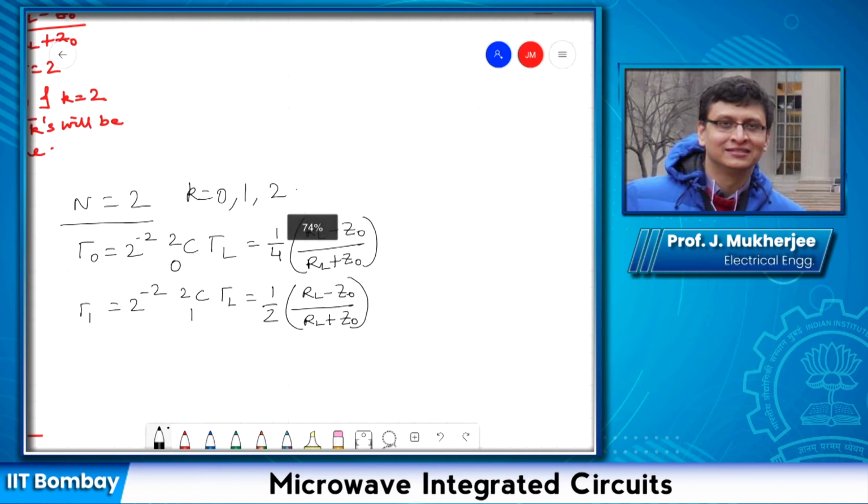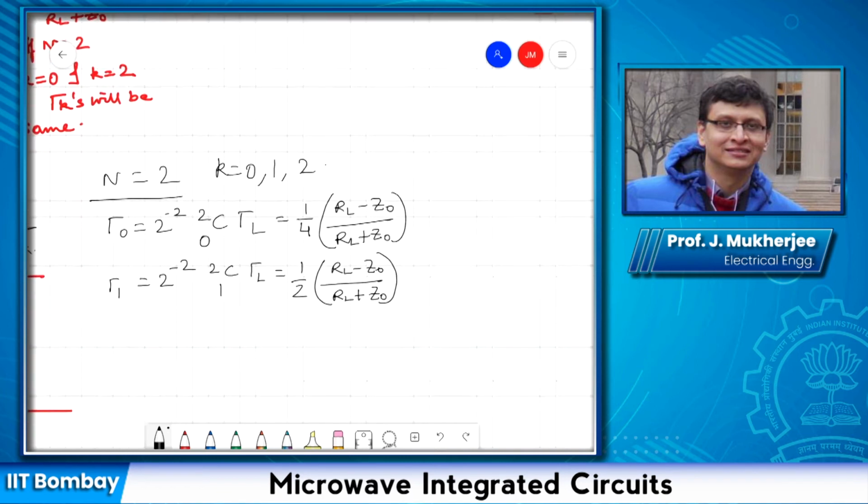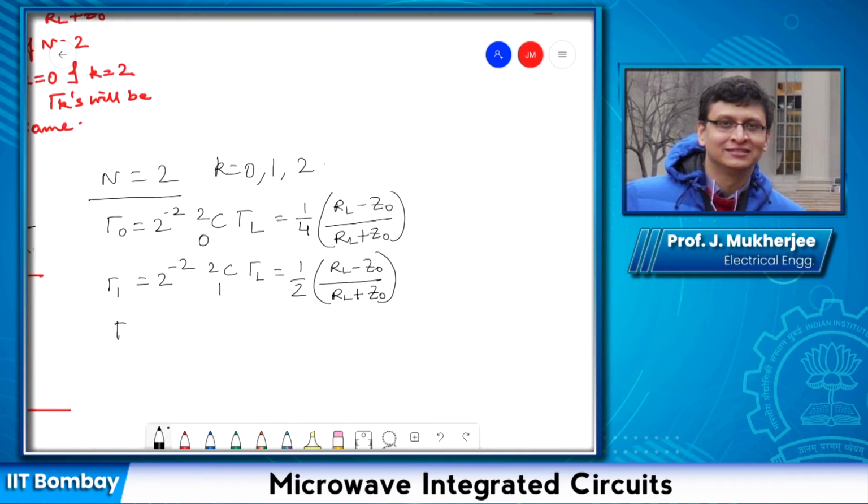Okay. And finally we have gamma 2 equal to 2 raised to minus 2, times 2C2 times gamma L, which is equal to 1 by 4 times (RL minus Z0) upon (RL plus Z0).